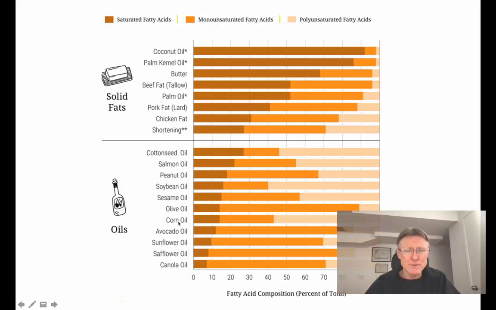Most of them are from seeds, and they're also called seed oils. So the important point here again is that you understand that the more saturation you have, the higher the melting point. The higher the melting point, the more solid they tend to be at room temperature.